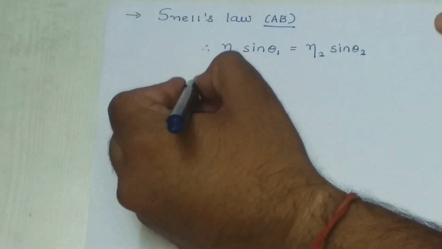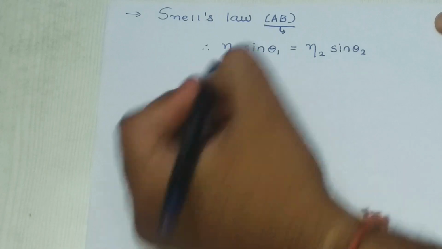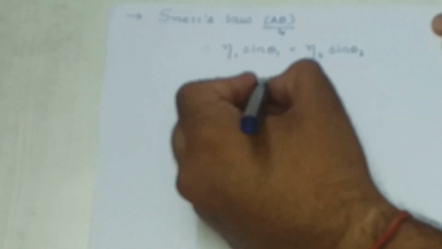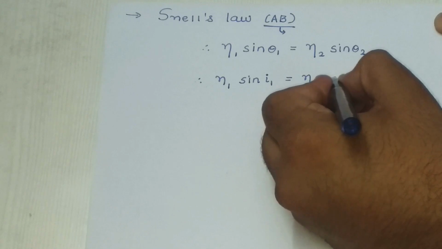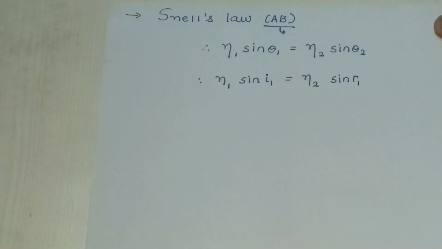Now if we apply this to the AB surface, then eta 1 is eta 1, sin theta 1 is sin I1, eta 2 is eta 2, and theta 2 is R1.